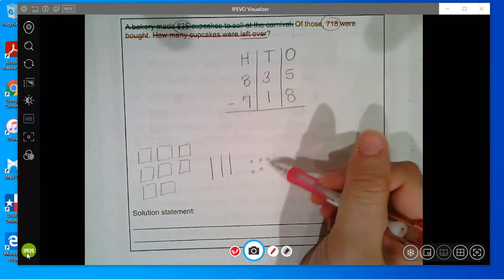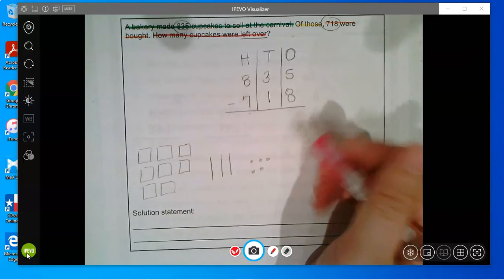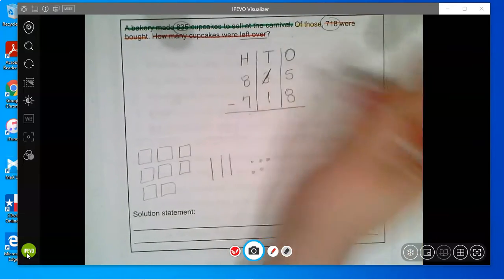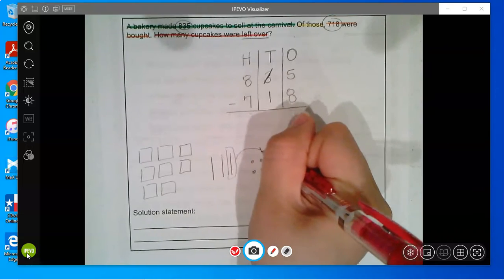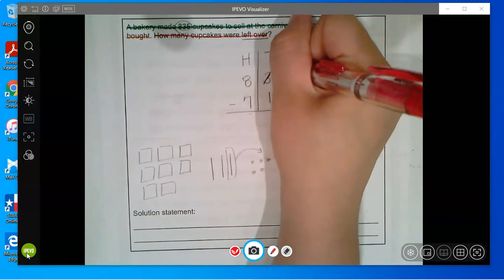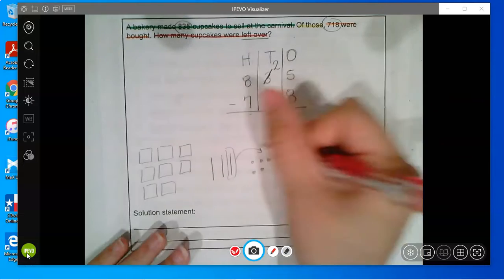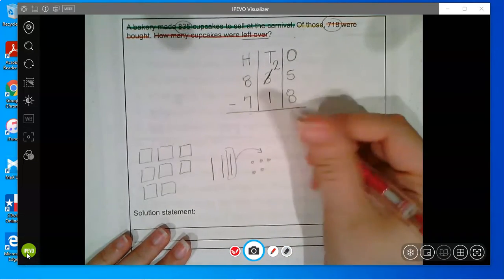Well, if you notice, we don't have enough ones. So that means that I'm going to have to go to the tens place, and I'm going to have to borrow a 10 long. Okay, and so when I borrow a 10 long, that leaves me with 2 tens. And I'm going to take this 10 long and break it into ones.